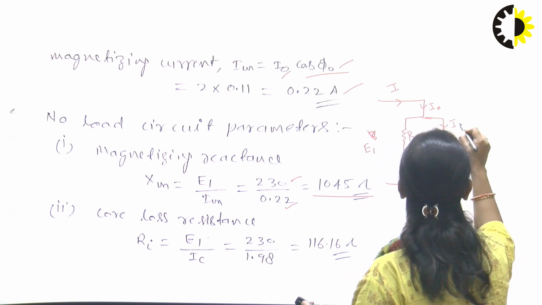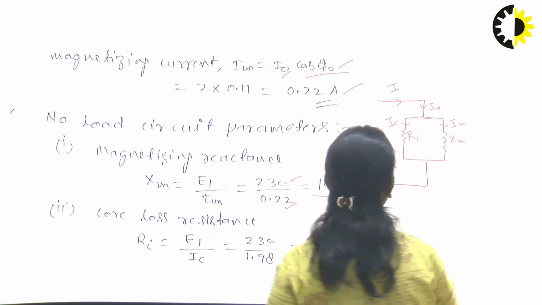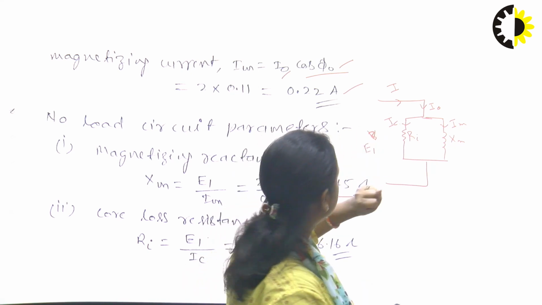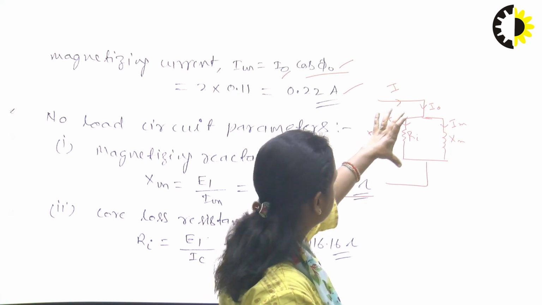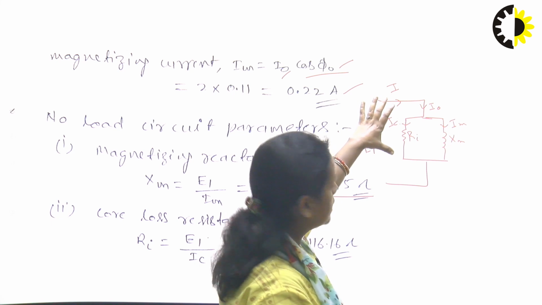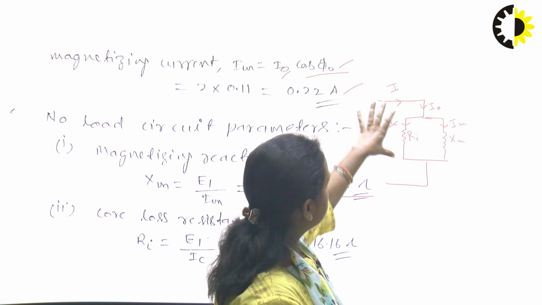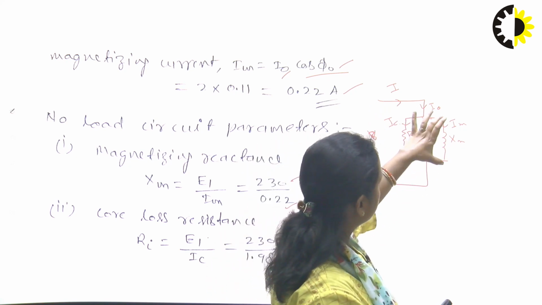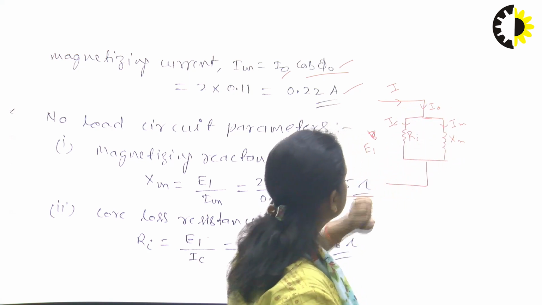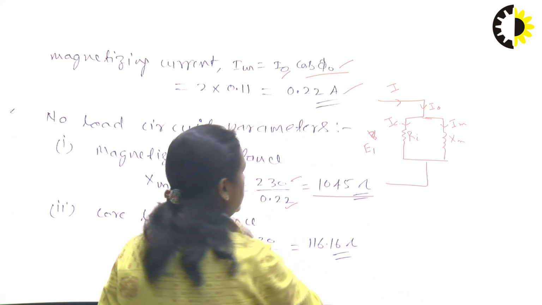Here the IM current will be there and here the IC current will be there, right? So the voltage across RI is E1 and the current flowing through this RI is IC, so RI will be equal to E1 by IC. And the voltage across this XM is E1 and the current flowing is IM, so XM will be E1 by IM.